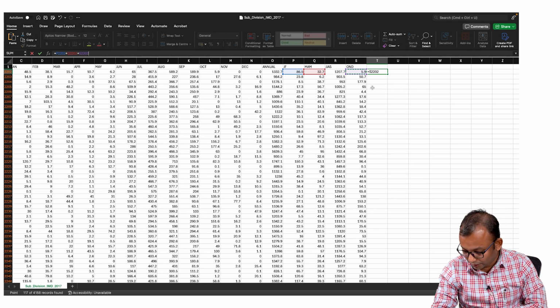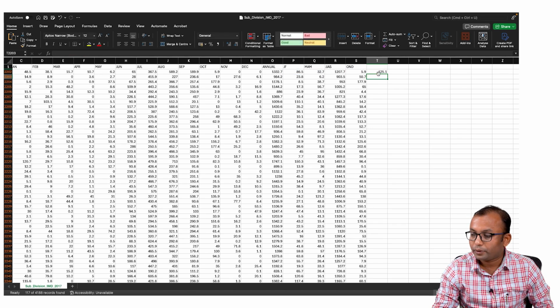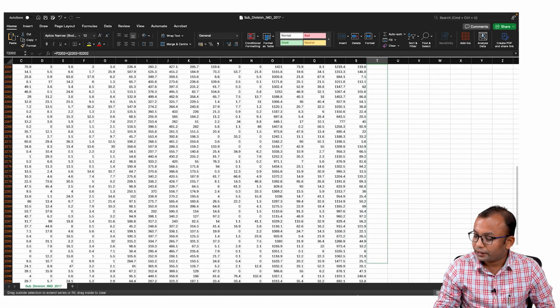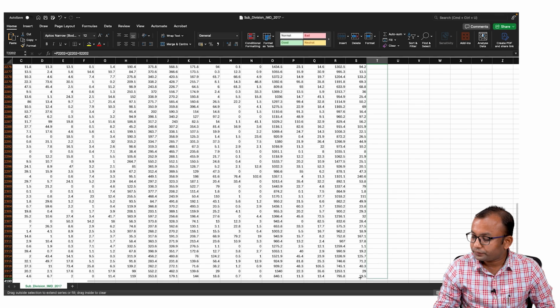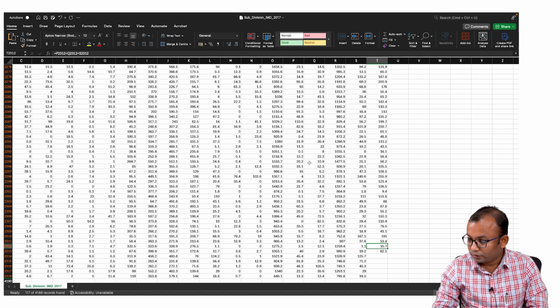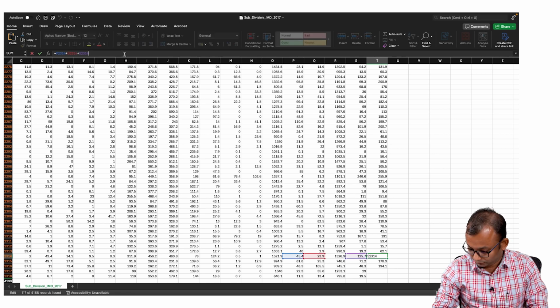Then I will hit the enter button, and this is basically your non-monsoonal months rainfall data set. Here it is the complete data set for all these years for non-monsoonal months.